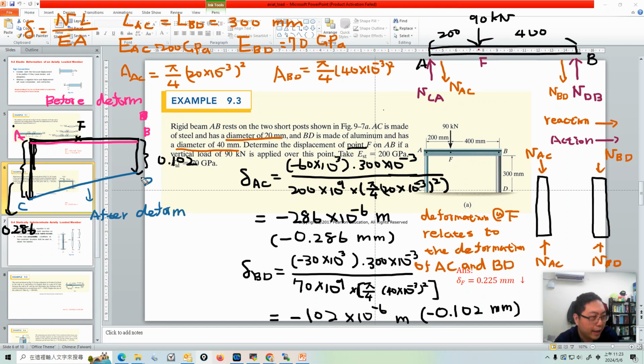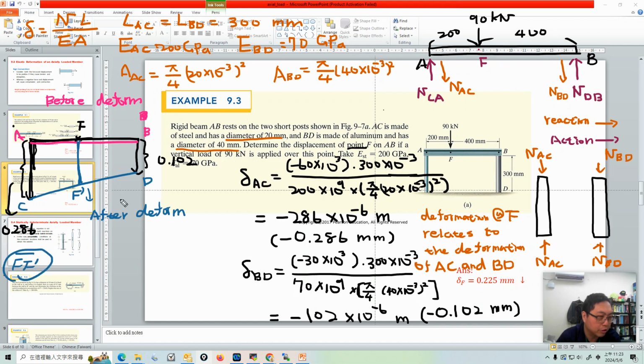That's why this problem asks you to calculate the deformation at point F, because after deformation F will become F prime here, and this is the deformation at point F. So the deformation of point F means calculating the length of F prime.